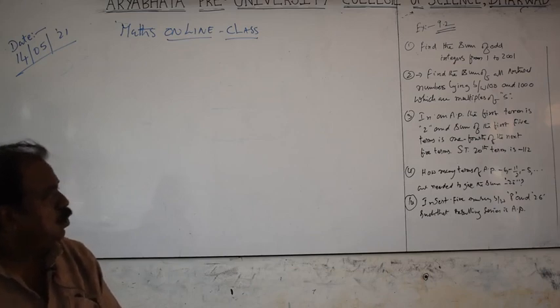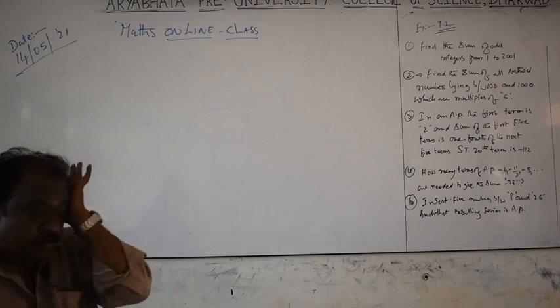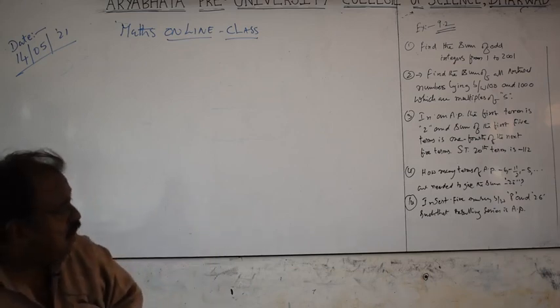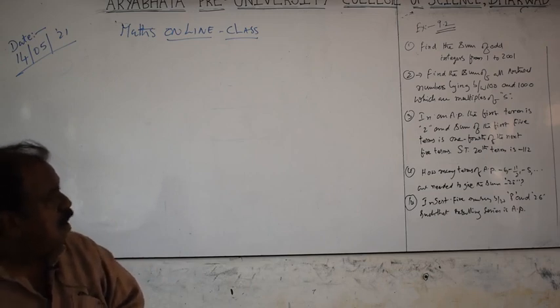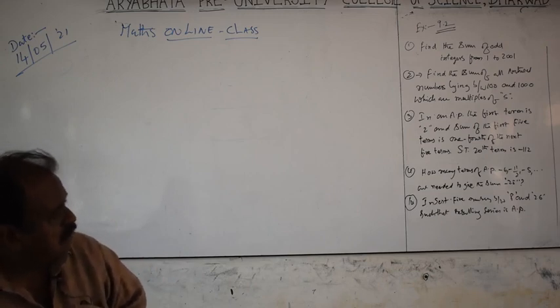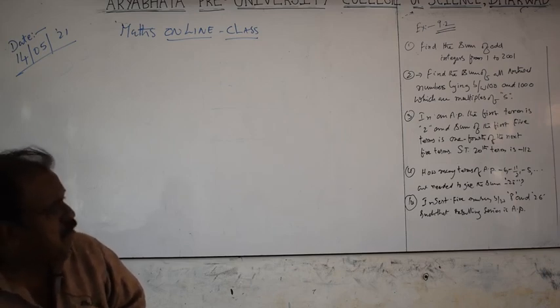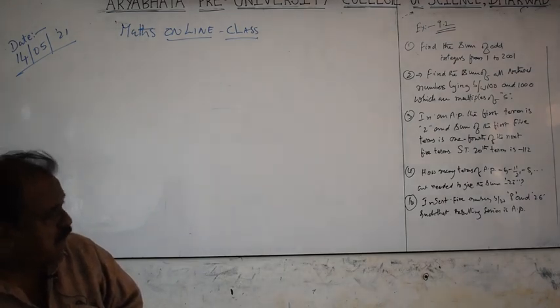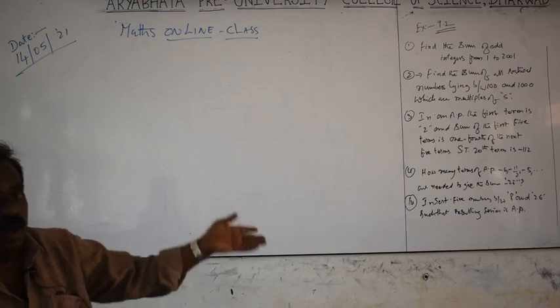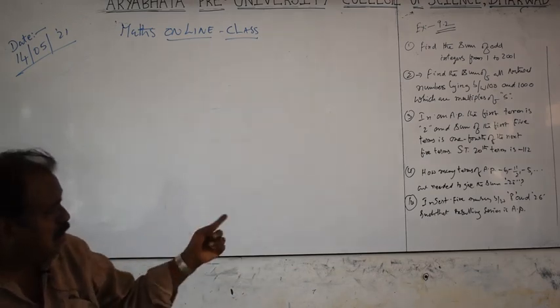Next we go to the 4th problem. You see, it is also a good problem. How many terms of the AP, that arithmetic progression, minus 6, minus 11 by 2, minus 5 and going on, are needed to give the sum minus 25?